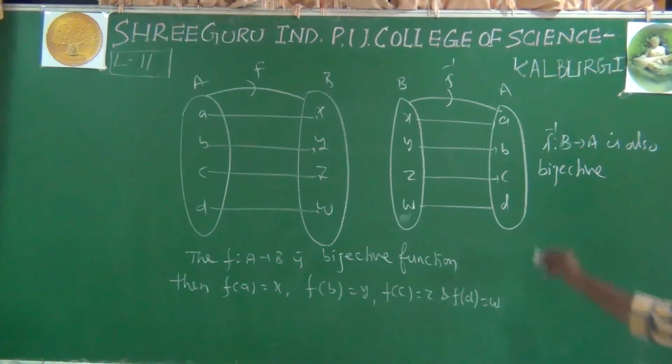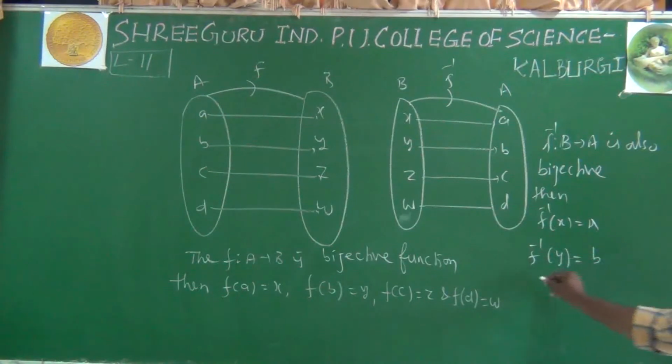Then f inverse of x equals a, f inverse of y equals b, f inverse of z equals c, and f inverse of w equals d.